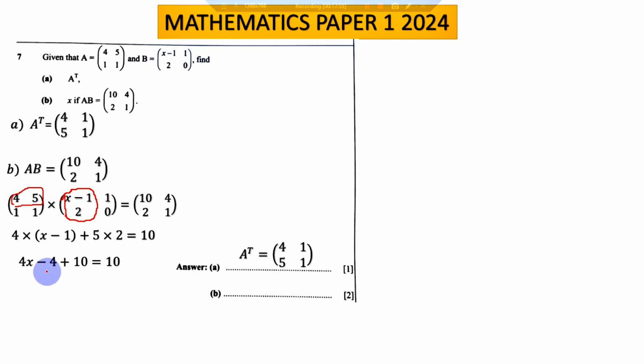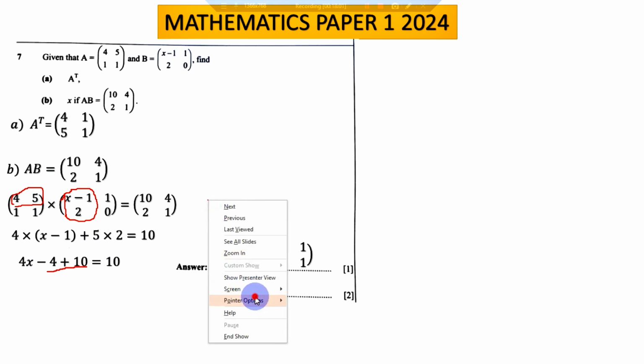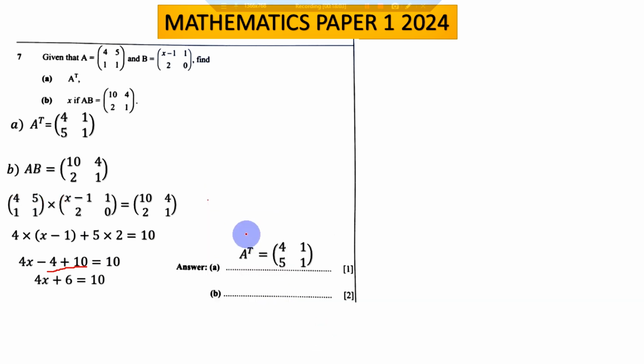So here we have like terms. Negative 4 plus 10 will give us a 6, of course. So there we have 4x plus 6 equals to 10, and then we make the 6 cross the equal sign. It will be 4x equals to 10 minus 6. What is 10 minus 6? Good, we have 4, then dividing there, we're going to have x as equal to 1. So the final answer is x equals to 1.